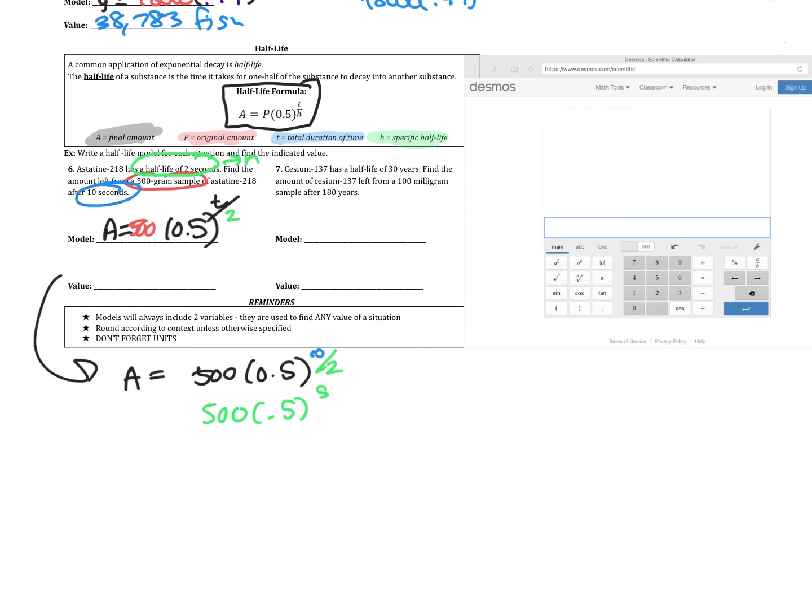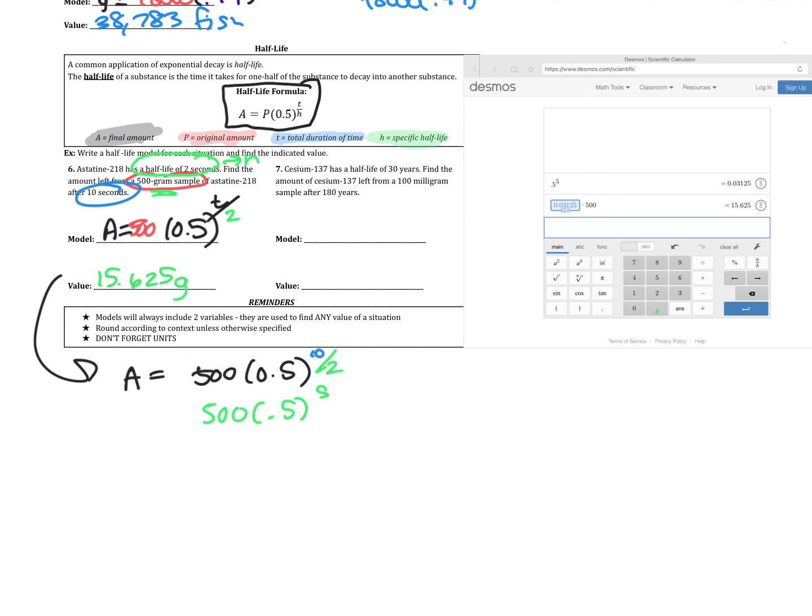And I can do this part on my calculator, 0.5 to the 5th power, and then multiply that by 500. And that gives us 15.625. If a problem doesn't specifically tell you where to round, I don't want you to round. So there's only 3 decimal places. You're going to write all 3 of those decimal places here, 15.625. So the answer is 15.625, and we are talking about units in terms of grams, 15.625 grams.